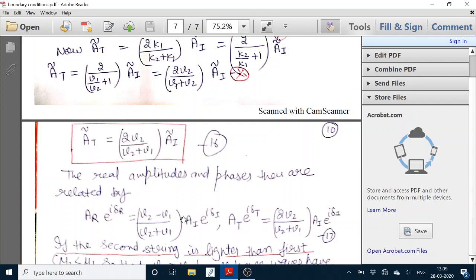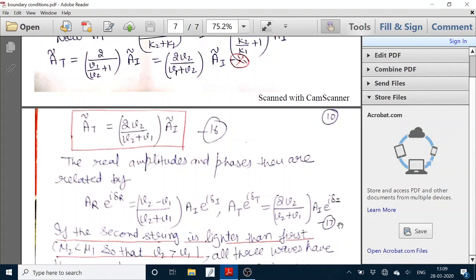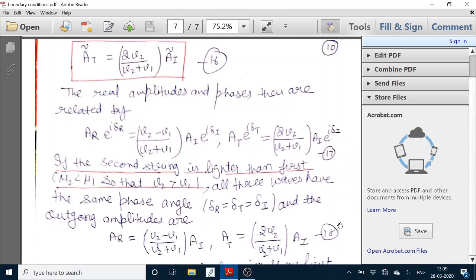The real amplitudes and phases are then related by this term. Ar exponential iota delta r equals (v2 minus v1) upon (v2 plus v1) ai exponential iota delta i, and at exponential iota delta t equals 2v2 upon (v2 plus v1) ai exponential iota delta i. Here we have two cases.